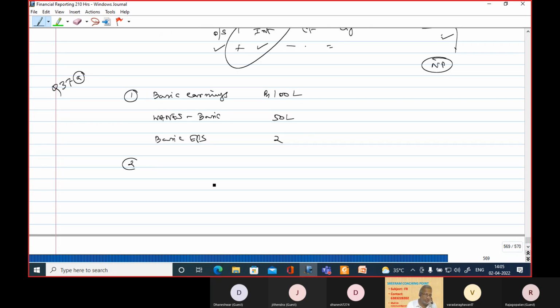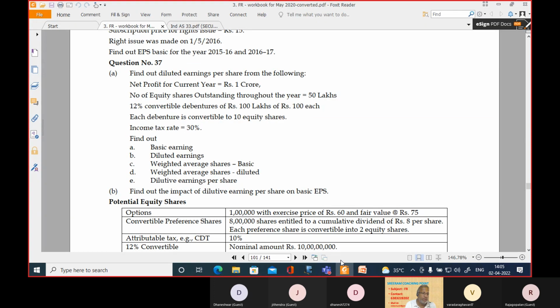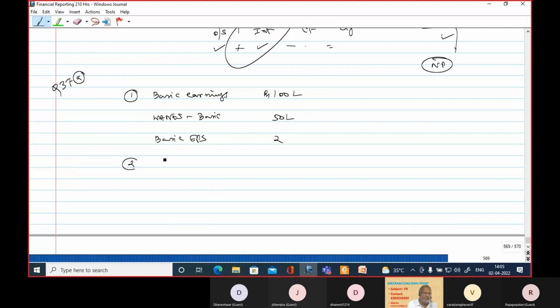Then number 2. We have 12% convertible debentures. So dilutive earnings equal basic earnings plus interest on convertible debentures after tax.